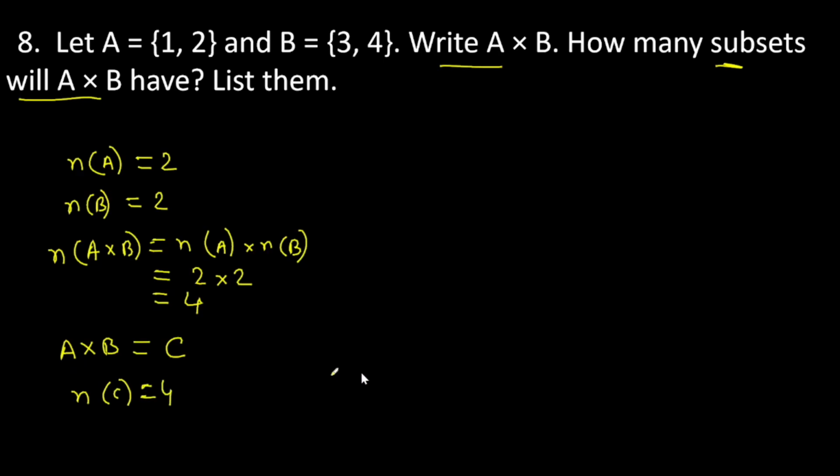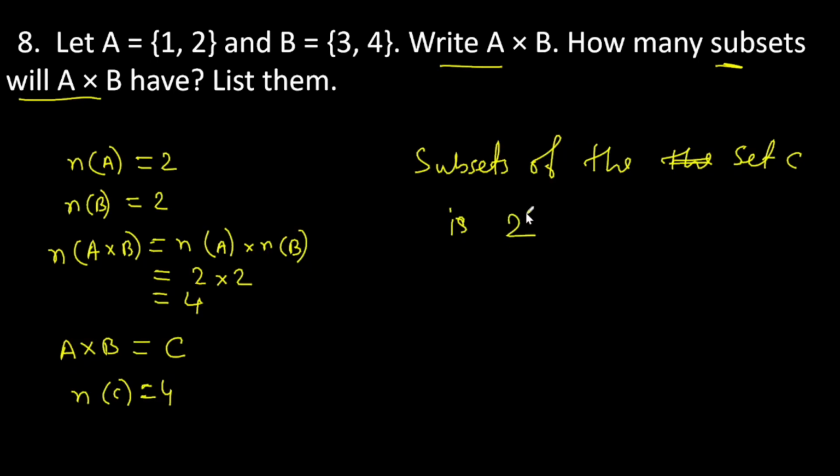But the number of subsets of the set C is 2 to the power 4. We know 2 to the power n, where n is the number of elements. So 16 is the number of subsets in C. C means A cross B. Clear? Now you have to list down the subsets.